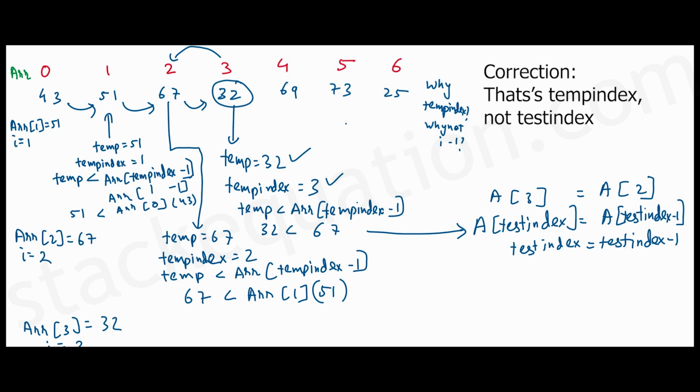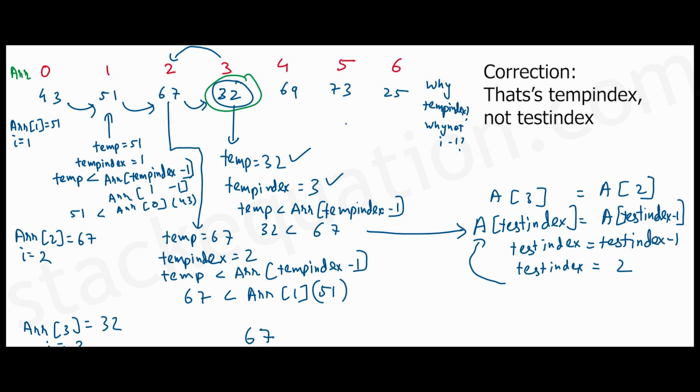That means this 32 will be kicked out from its place and 67 will replace it. The value of A2 will be transferred to A3. A of test index is equal to A of test index minus 1, and right after that test index is equal to test index minus 1, so the new value of test index will be 2.